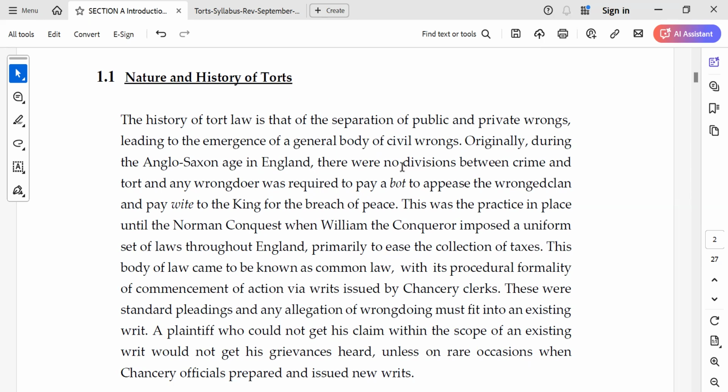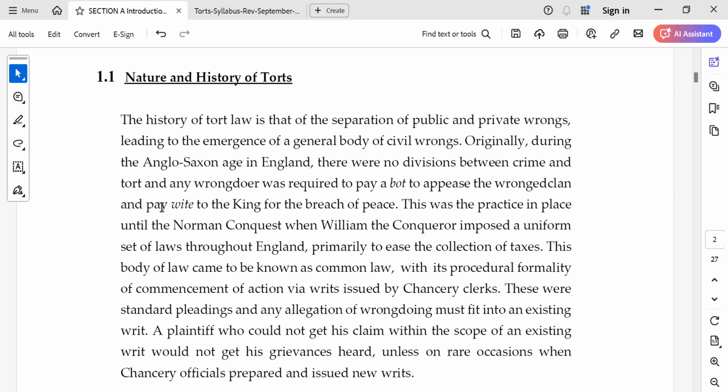The history of tort law is that of the separation of public and private wrongs, leading to the emergence of the general body of civil wrongs. Originally, during the Anglo-Saxon age in England, there were no divisions between crime and tort, and any wrongdoer was required to pay a bot to appease the wronged clan and pay wite to the king for breach of the peace.